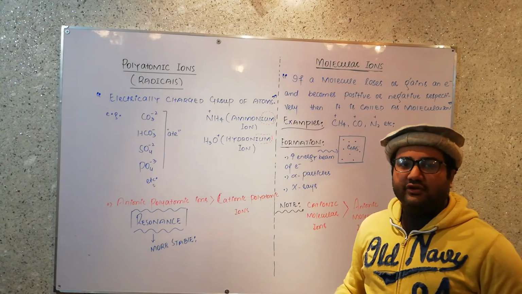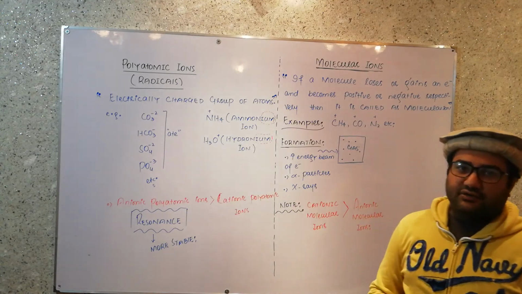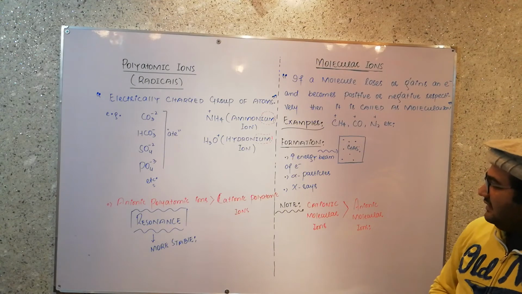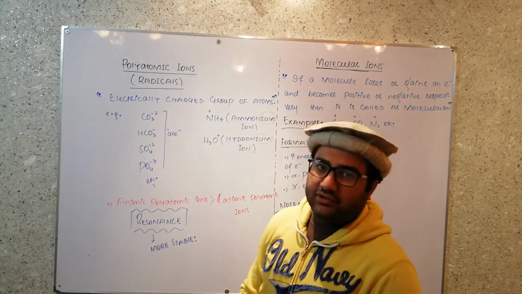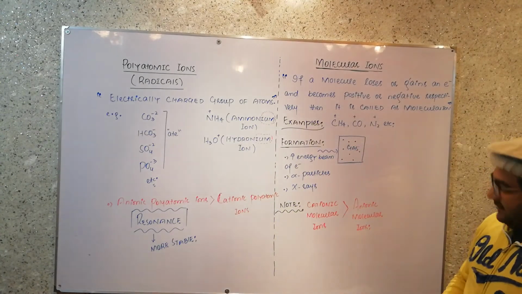So cationic molecular ions are more abundant as compared to anionic molecular ions. And even the cationic molecular ions are easier to create as compared to the anionic molecular ions.